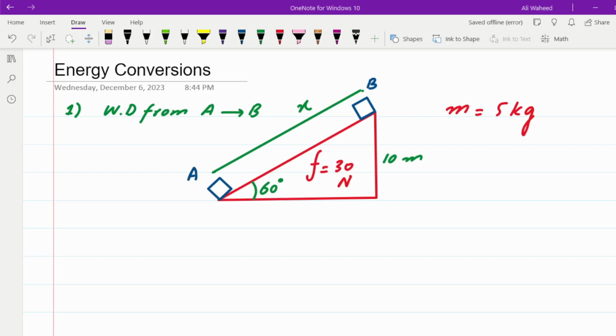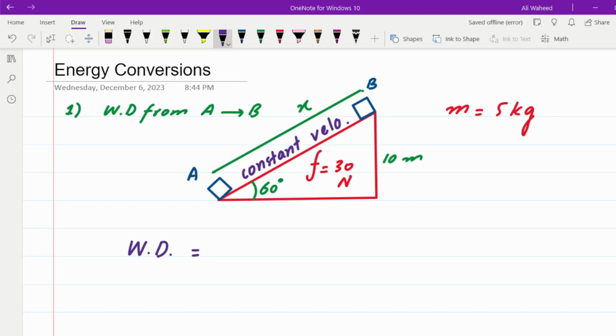So we need to find the work done as the block moves from A to B, provided the block moves with a constant velocity or constant speed. Velocity or speed in that case will mean the same thing because we are already moving in a straight line. So we can say the box moves with a constant speed or constant velocity.